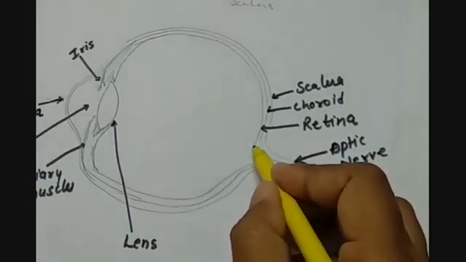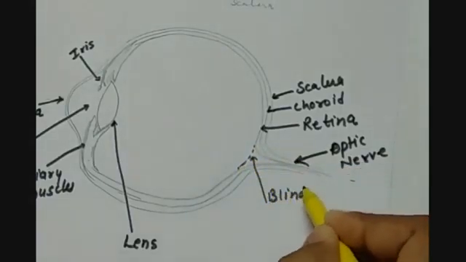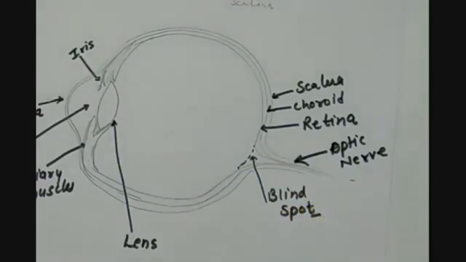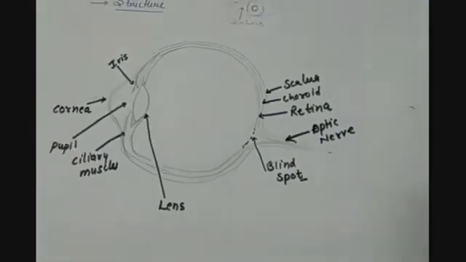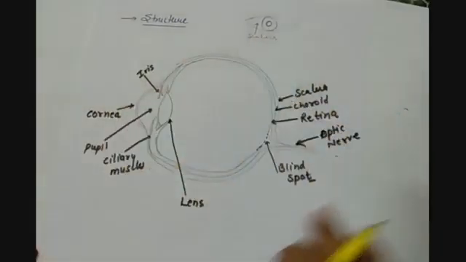Here we have a blind spot. I'll later tell you why this is called a blind spot. So dear students, just have a look that this is the human eye having all the parts.